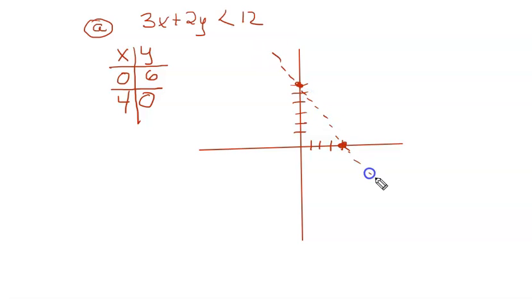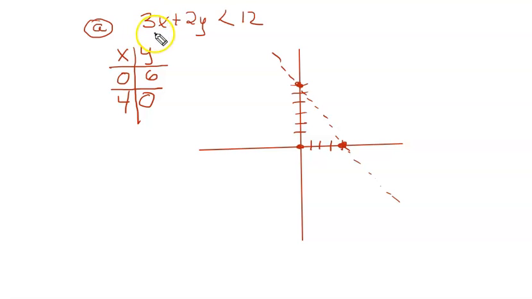Now, if it were equal to, it would also be a solid line. But now we have to determine where we are going to shade, above the line or below the line. Well, we use a test point here, and our test point will often be the origin. Will that be in the shaded area or not? Well, 0, 0.